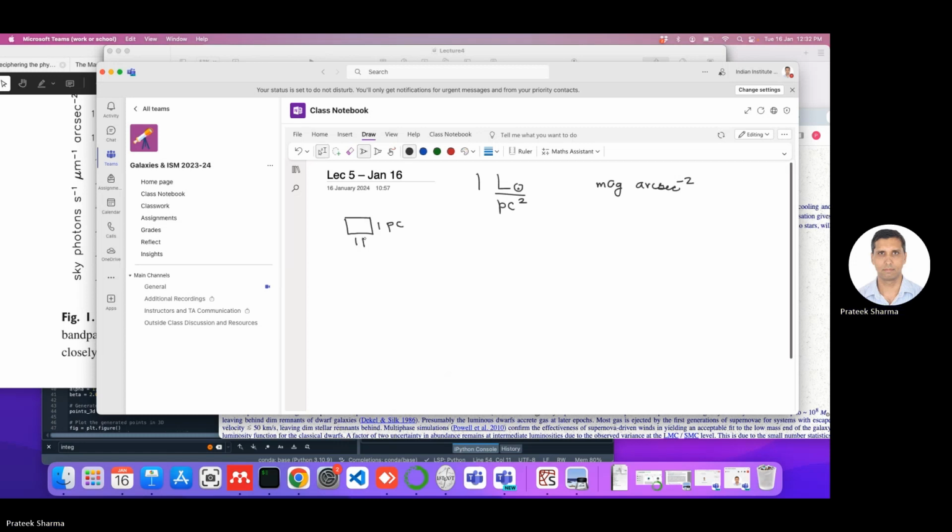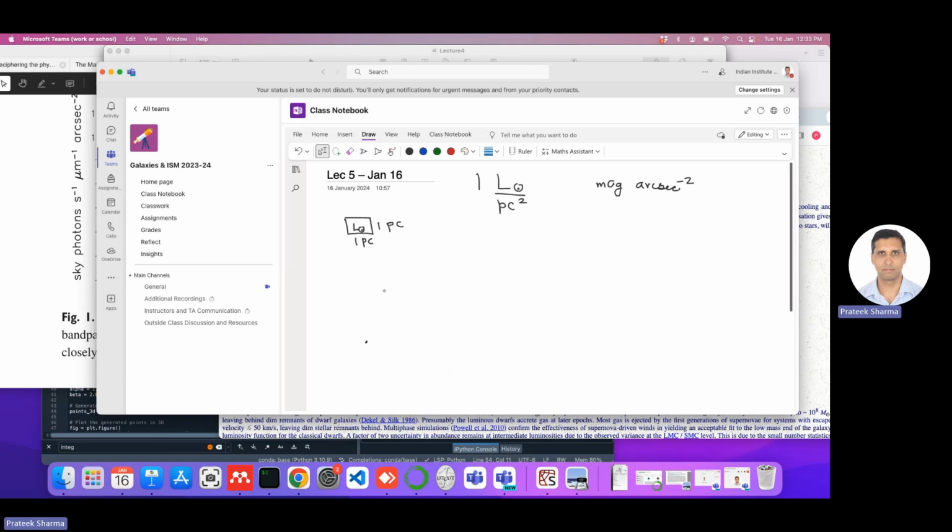This whole thing is uniformly lit, and it has this much light. And this subtends an angle of 1 arcsecond, right? So what did we say?